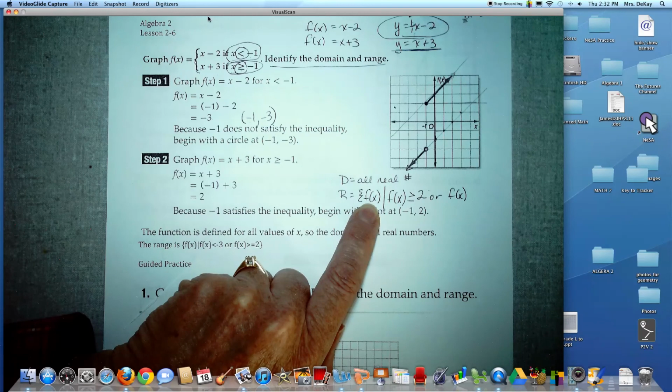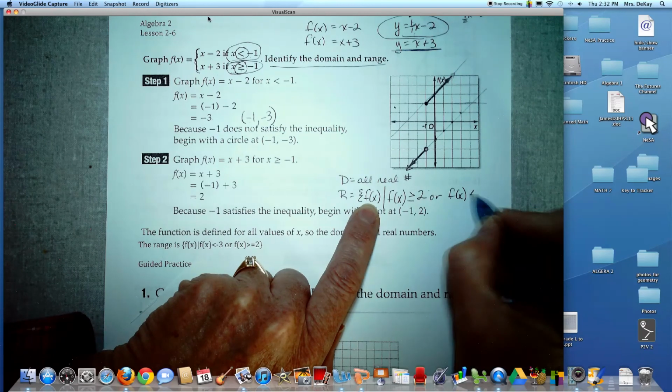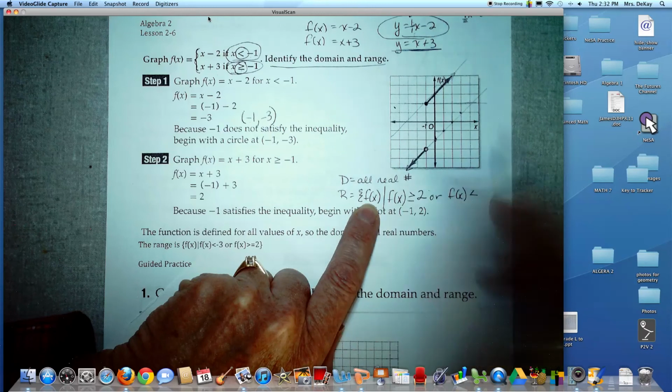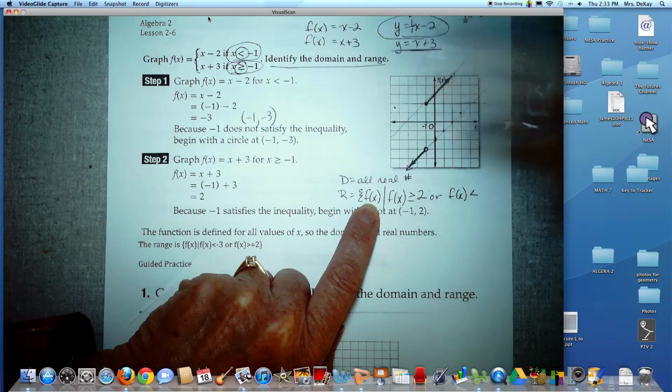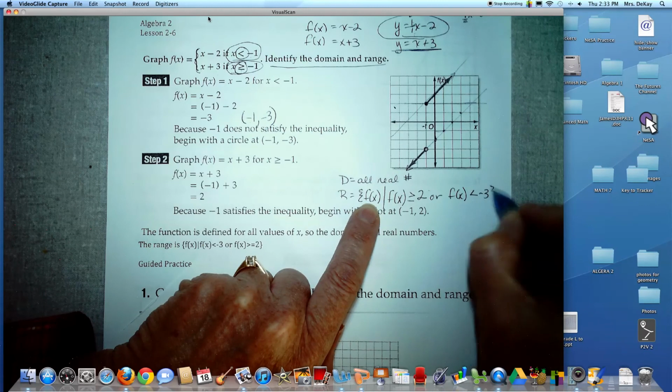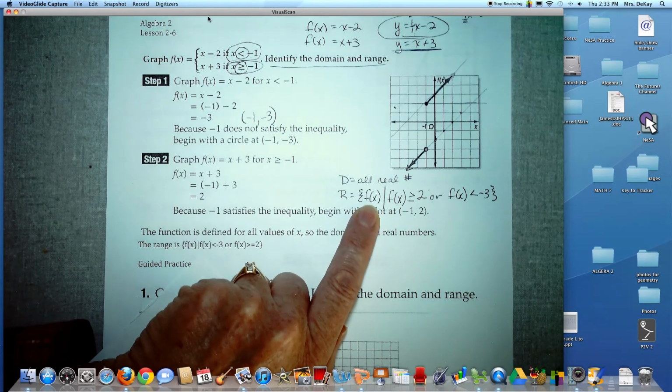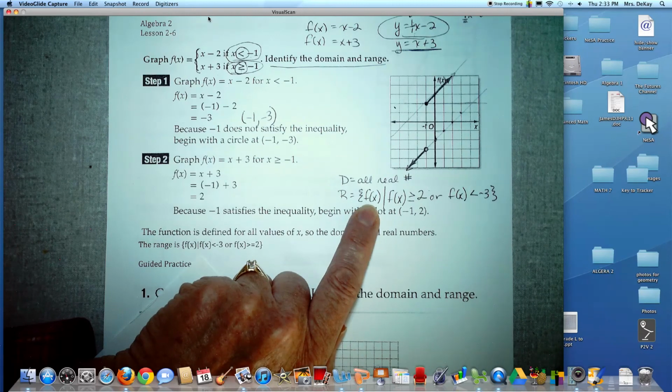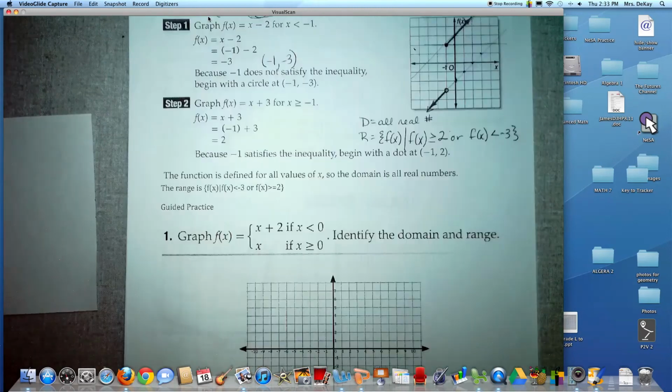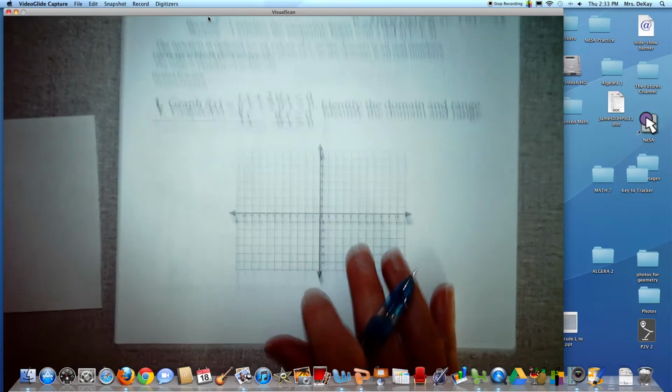Or f of x is less than or equal to, what is this number? Negative 3. That's what your range is. Wouldn't it be and instead of or? That's technical. I don't care which one you put. Okay, so let's try one.